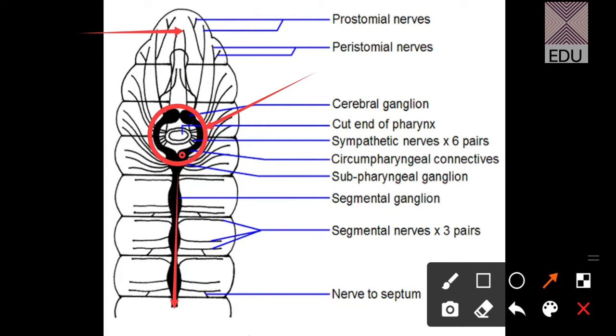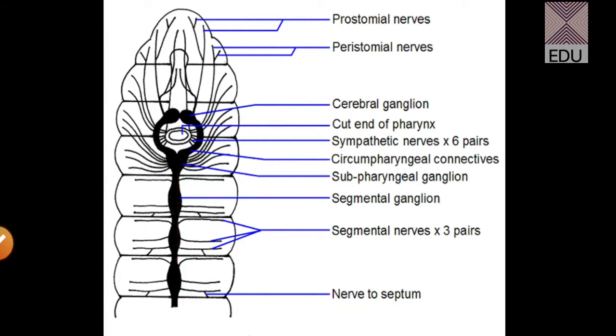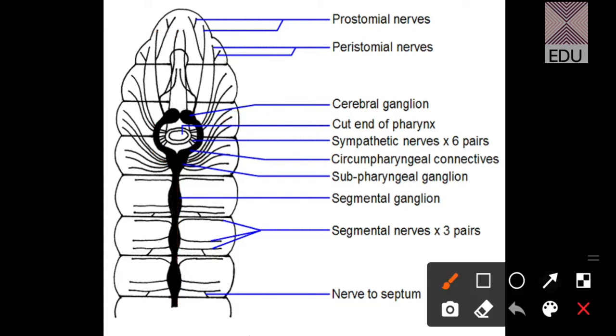Now if we take the ring into account, what is present in the ring? So students, the ring of the central nervous system is composed of two major ganglia. The first type of ganglia are the cerebral ganglia. These are two in number. You can see these are the round structures present on the top.